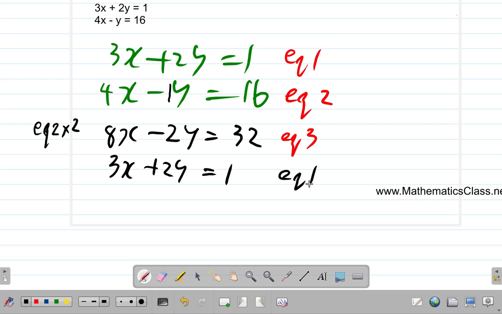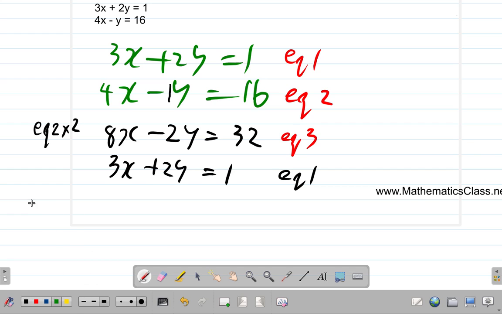That is equation 1. Now, we're going to have to add both equations in order to eliminate y, because if we subtract, equation 3 minus equation 1 will give us a negative 4y, equation 1 minus equation 3 will give us a positive 4y. We want 0y, so we're going to have to add these equations.